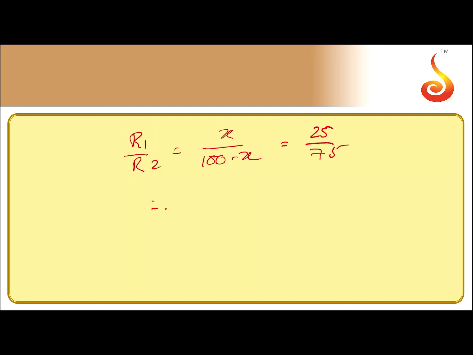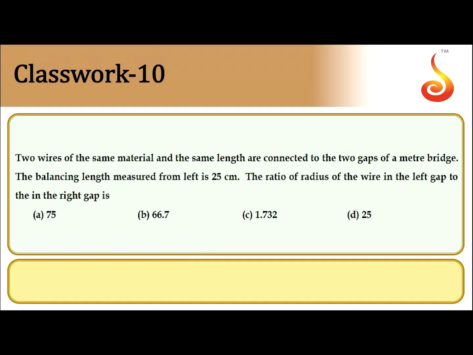So R1 divided by R2, you know, is r2 square divided by r1 square is 25 by 75, and this simplifies to r1 by r2 is equal to root 3:1. Therefore, the ratio r1 by r2 is root 3:1. That is option C.